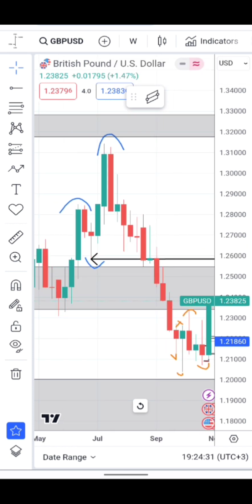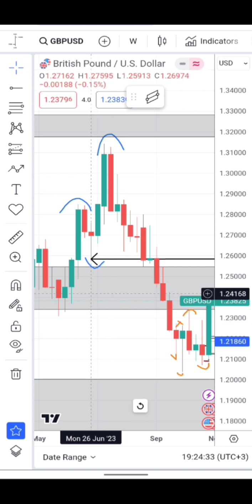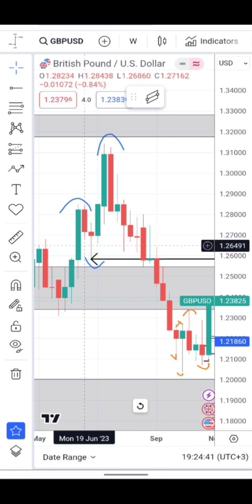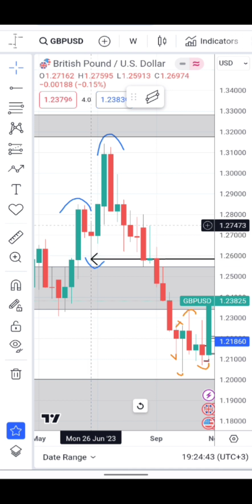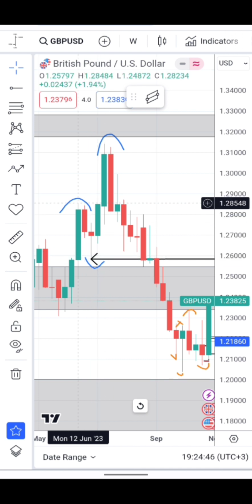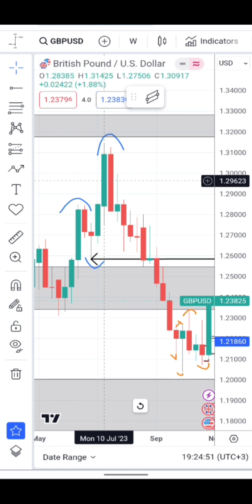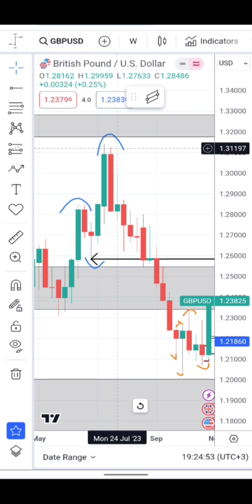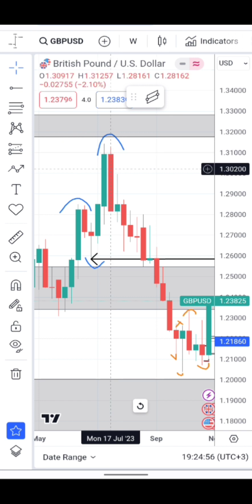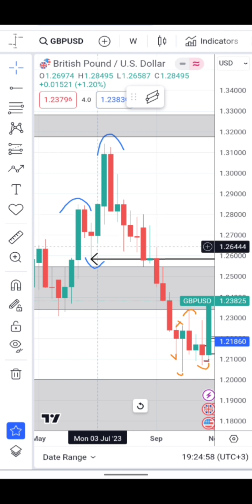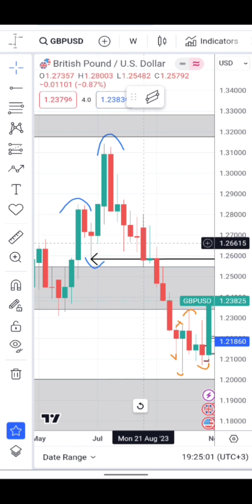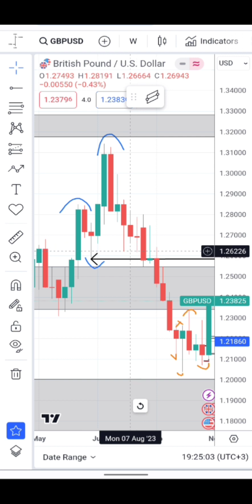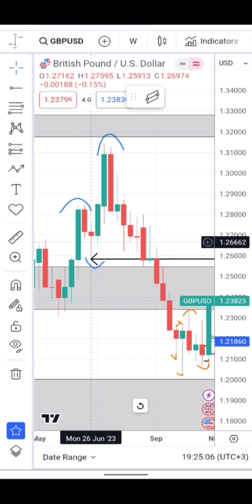in market structure, because prior to this low, June 26th, Monday 26th June, the low here, the market broke this high, the high of June 12th, a break of structure to the upside, and the market later reversed, and on 21st August broke the low of 26th June.